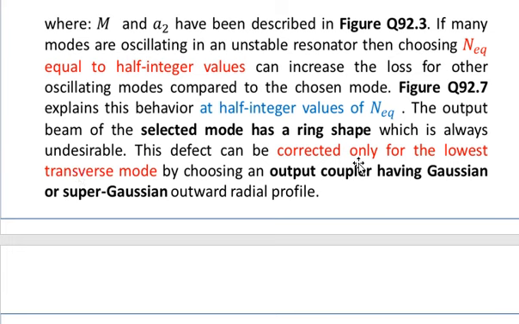This defect can be corrected only for the lowest transverse mode, which is the TEM00 mode, by choosing an output coupler having a Gaussian or super Gaussian outward radial profile.